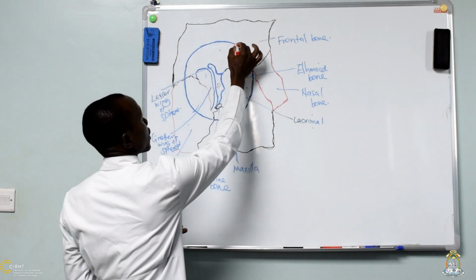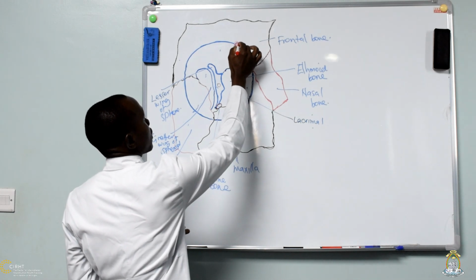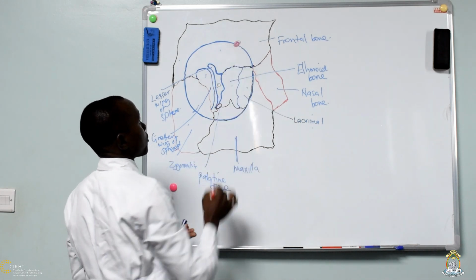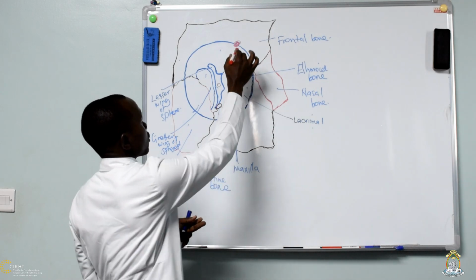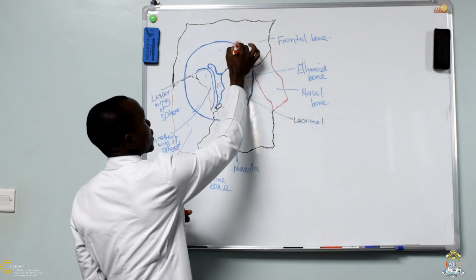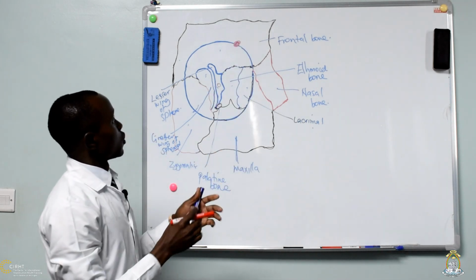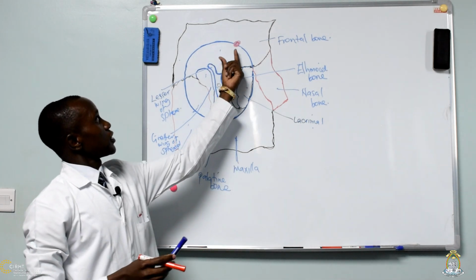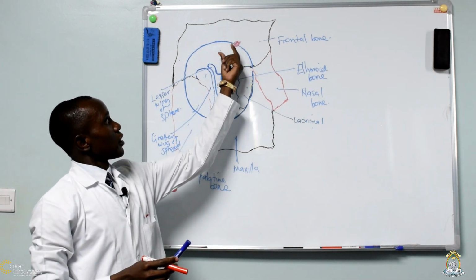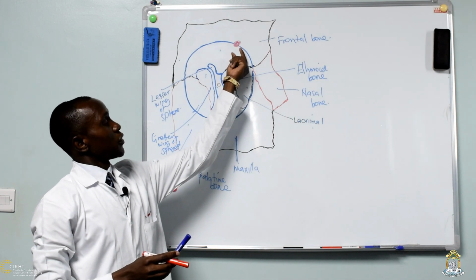We have the supraorbital groove at this particular point. The supraorbital groove is located at the orbital margin of the frontal bone.